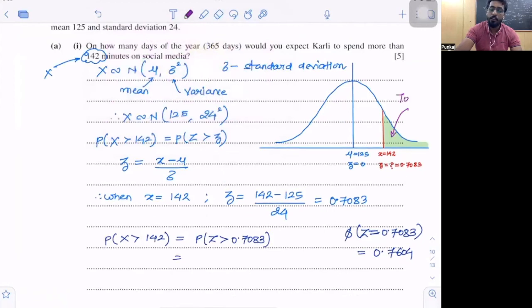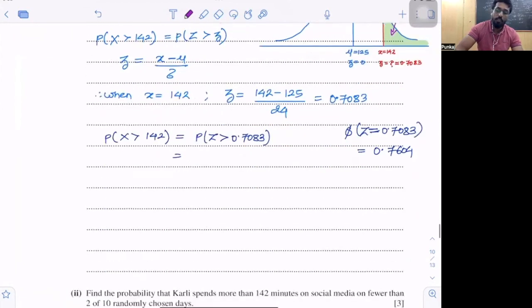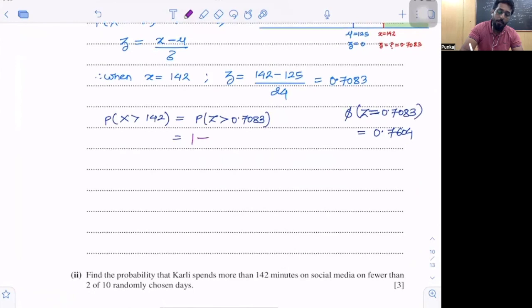The table gives you this part. So the area under the required region will be given by 1 minus phi of Z equal to 0.7083.